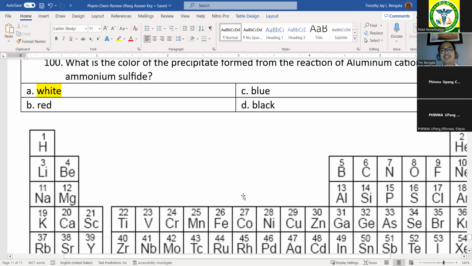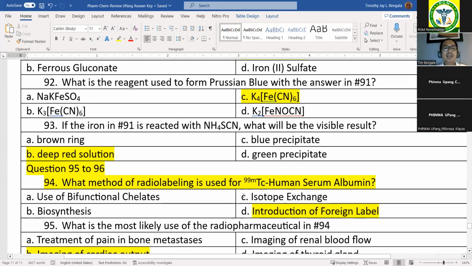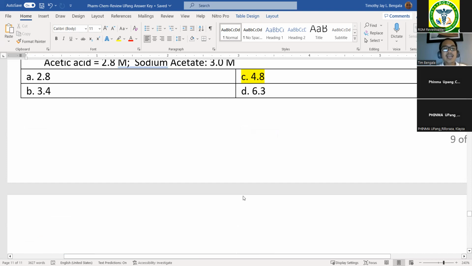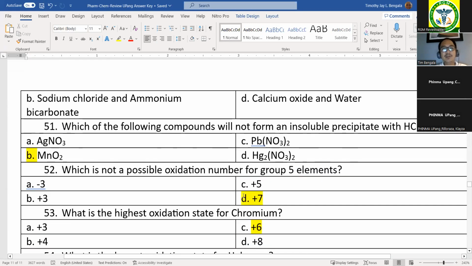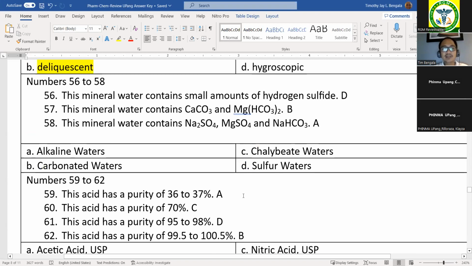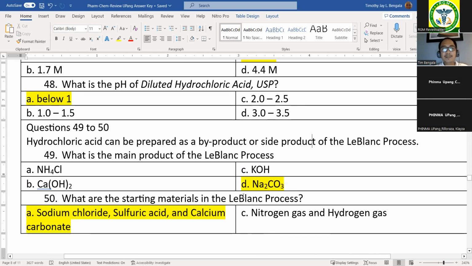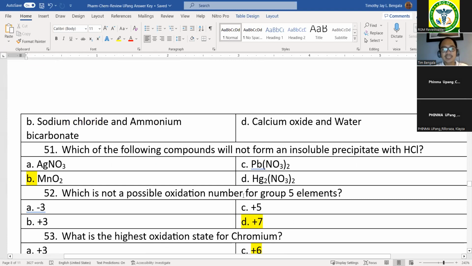So 6 valence electrons, 6 yung kaya niyang ibigay. So positive 6 yung highest possible oxidation state. Okay? So ayan. Again, yun yung para magamit natin yung information sa ating periodic table.